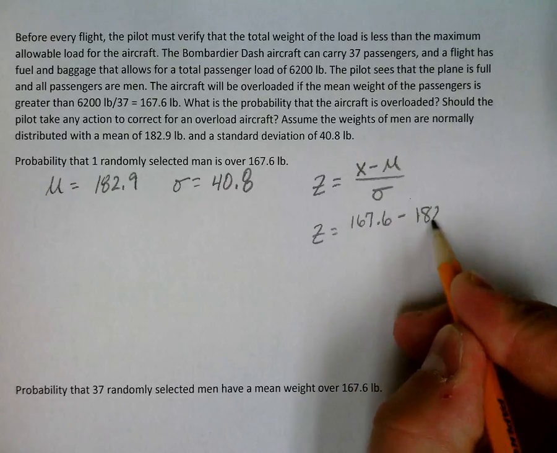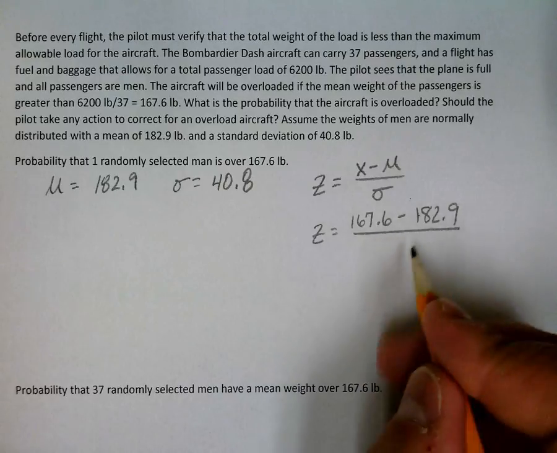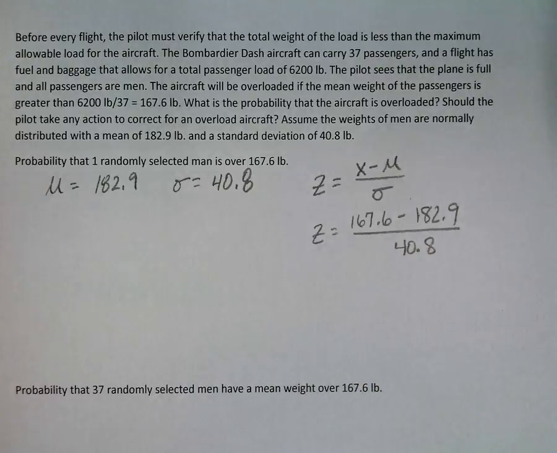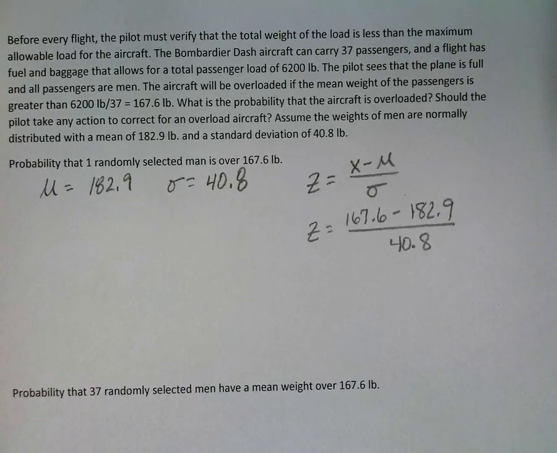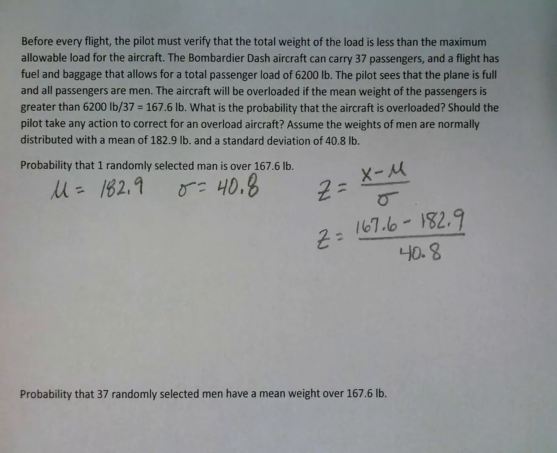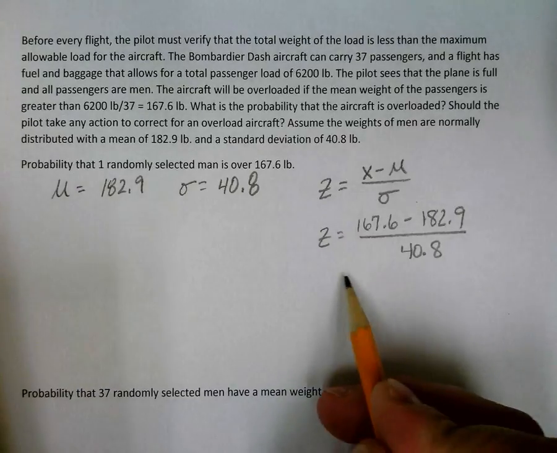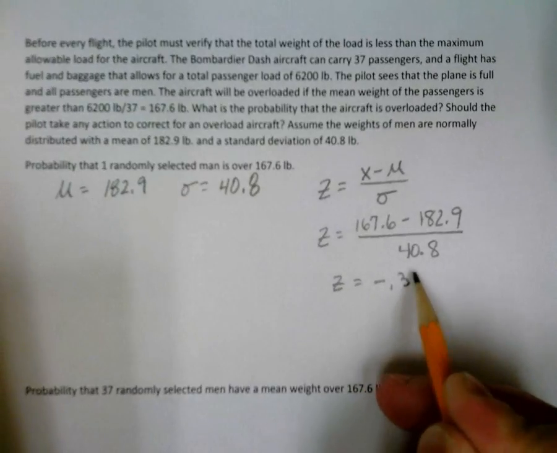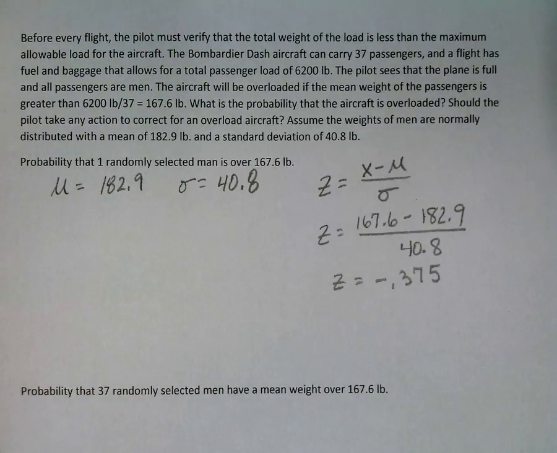Subtract that from our mean, 182.9, and divide that by our standard deviation, 40.8. Okay. And if we calculate that, we get a z-score of negative 0.375. Our z-score is negative here because our data value of 167.6 is less than our mean of 182.9.